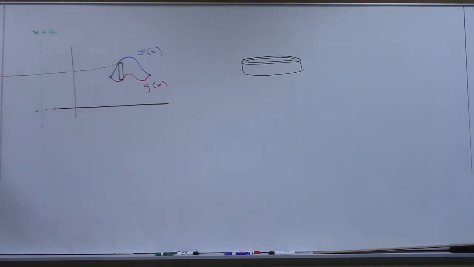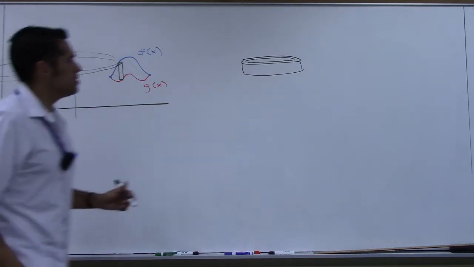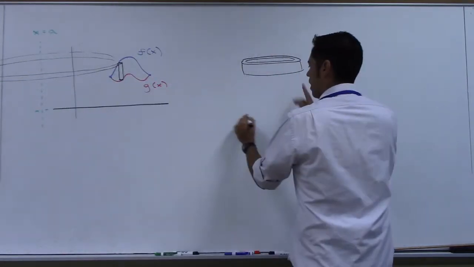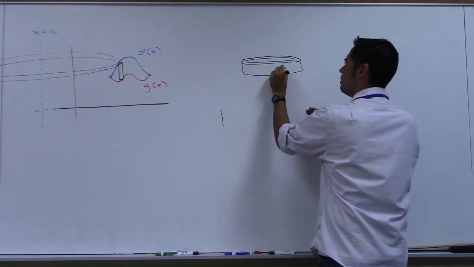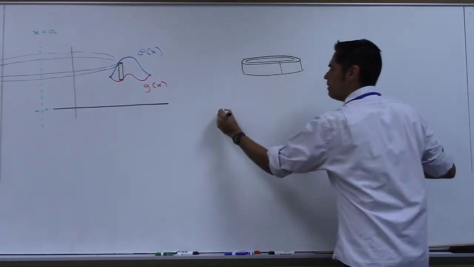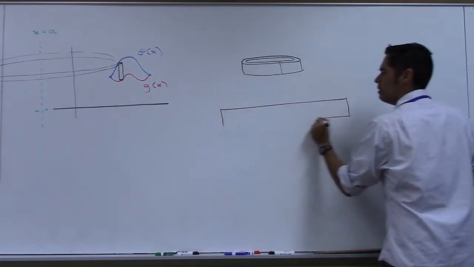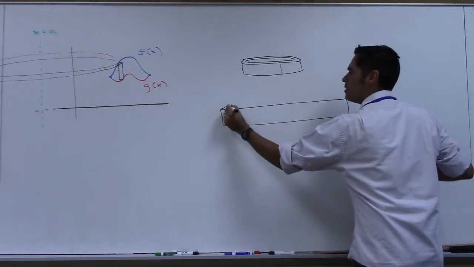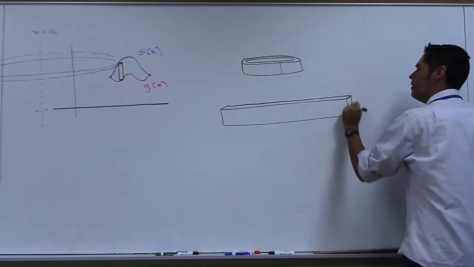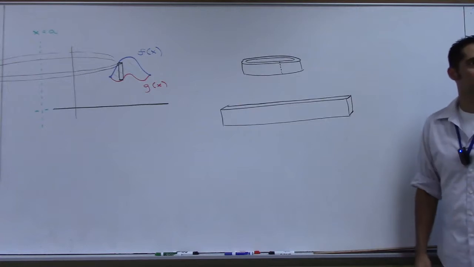It comes around like this, goes back, something like that. I just don't want to clutter up my drawing, so here it is. What we did was we cut this open, we snipped it, laid it flat, and got the volume of this boxy looking thing.